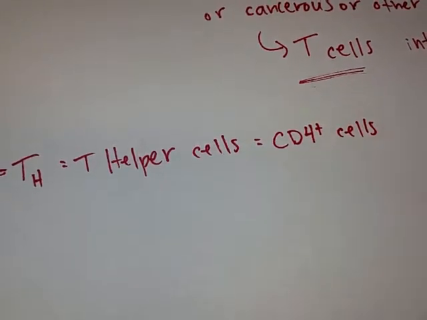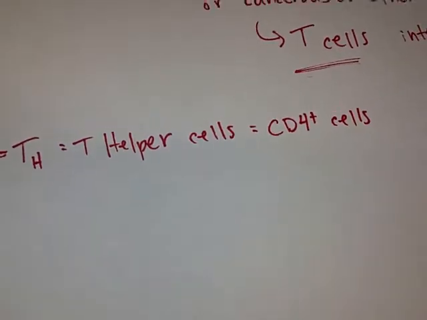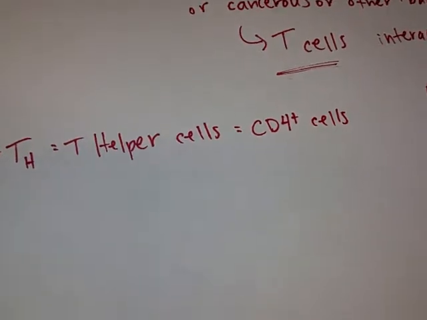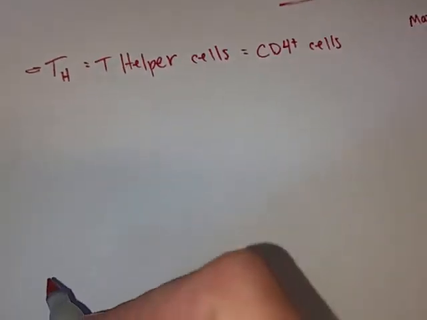It gets its name because of a scientific process they use to sort out these different types of cells, and this is just a marker on its surface.